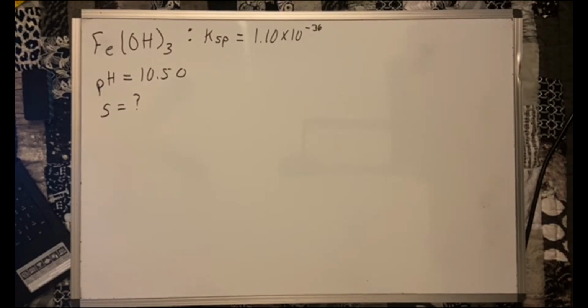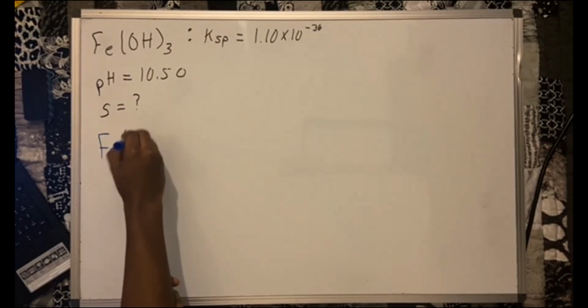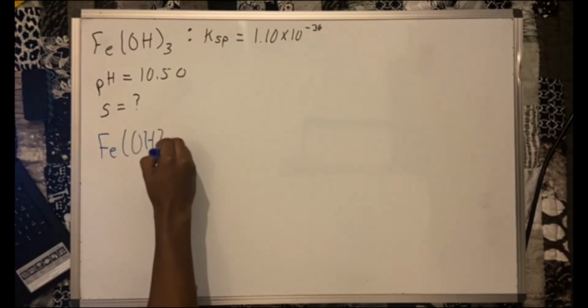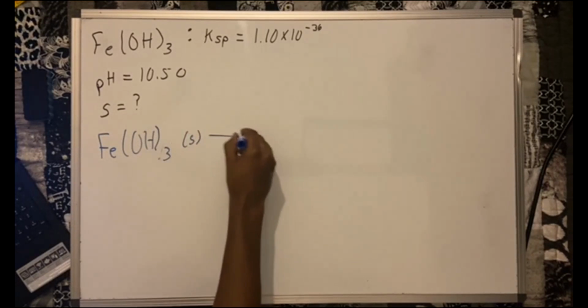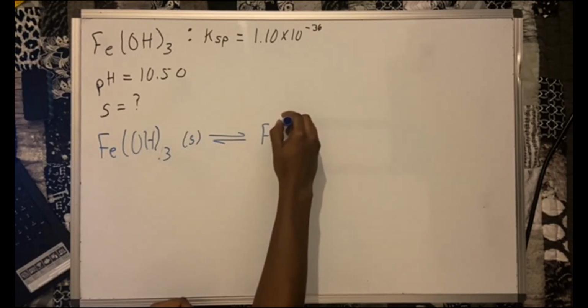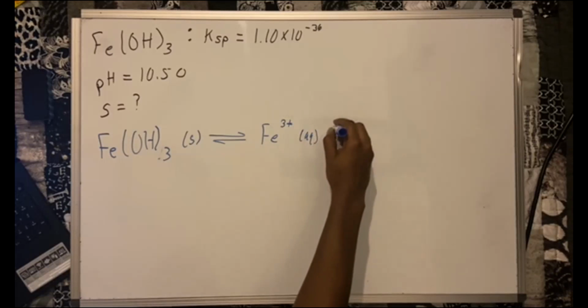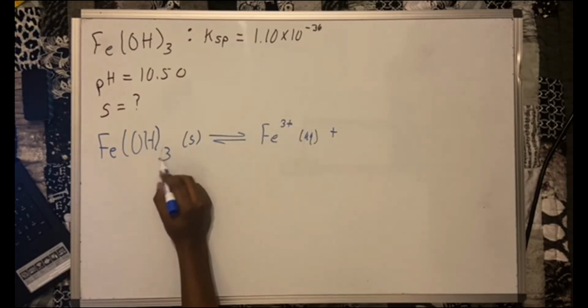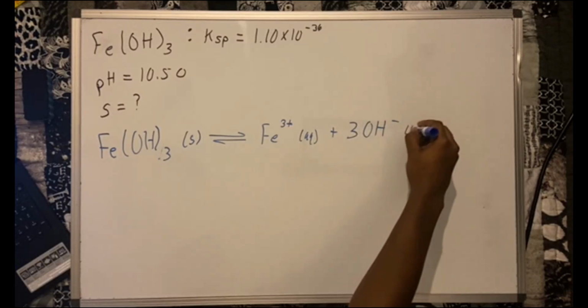All right, Ksp, remember solubility stuff? The reaction we're dealing with right here is Fe(OH)3 solid in equilibrium with its two ions, so Fe3+ aqueous, and then I have three OH minus, so 3 OH minus aqueous.